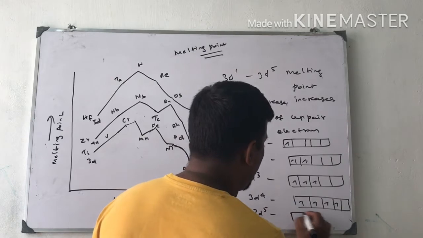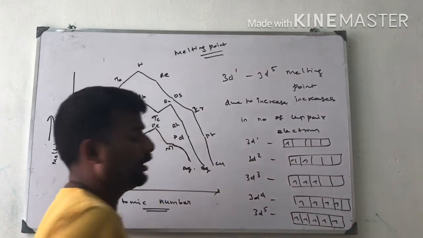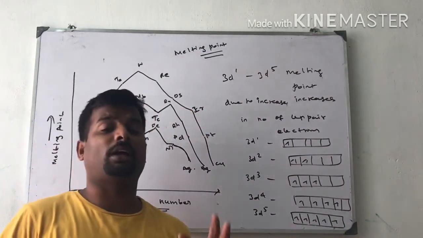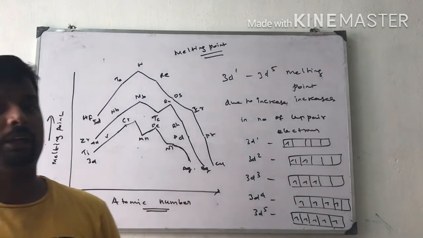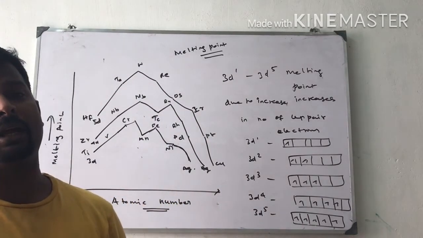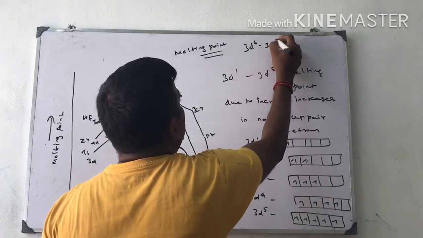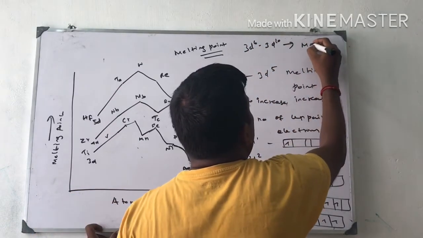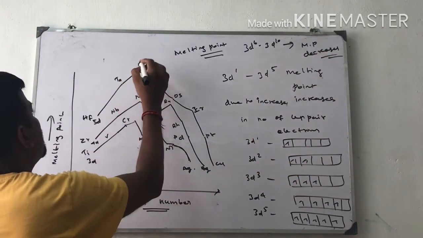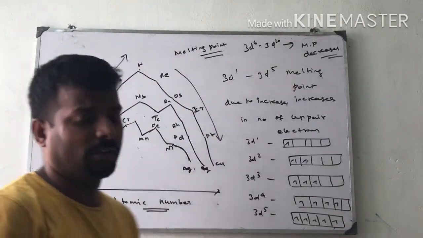Up to 3d5, these 5 electrons of one element are strongly bonded with the nucleus of the second atom. That is why very high energy is needed to break the bond, and why the metals have very high melting and boiling points. After 3d6 to 3d10, pairing starts and the melting point decreases. So first it increases, then it decreases. This is the thing given in the graph.